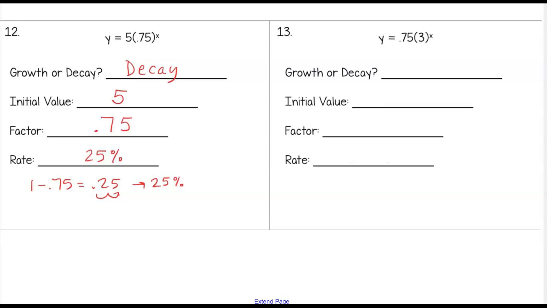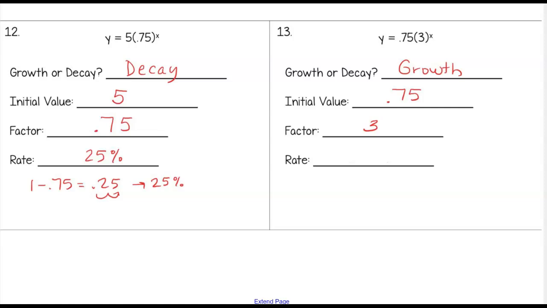All right, so this one is going to be growth. That 3 is bigger than 1. What's the initial value? It should be 0.75. What's the factor? 3. And then the rate.